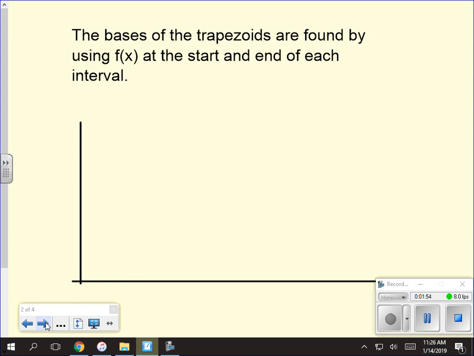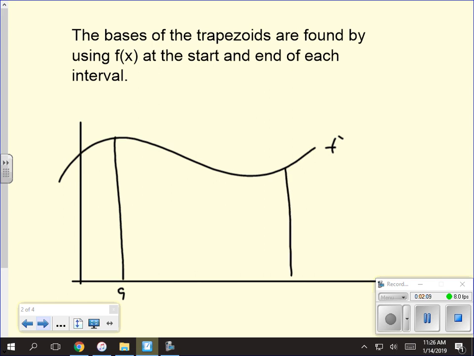Okay. Now, the idea, and you don't need to worry about getting this part down, is I've got some function f, and I'm going from a to b, and I'm dividing it up into equal subintervals, equal parts.